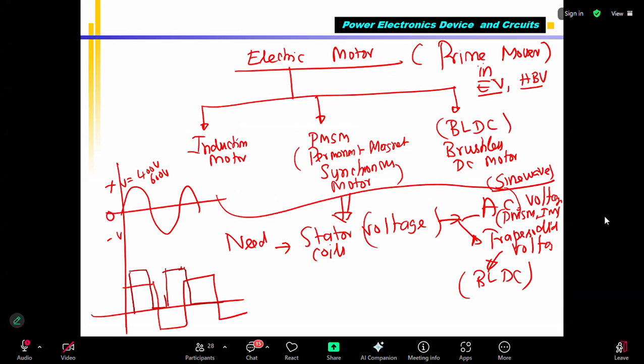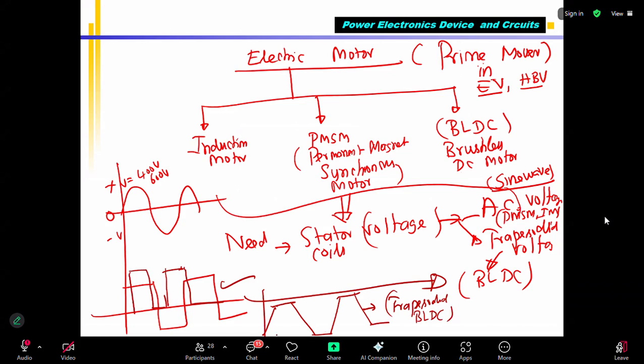So we need to supply this kind of square wave to the BLDC motor, which will generate the trapezoidal current. Please note that some books say BLDC motor is supplied with trapezoidal voltage to the stator coil. But actually what they supply, the simplest, is a modified square wave. The current flowing will be trapezoidal because of the RL circuit nature. Okay. So we saw this.